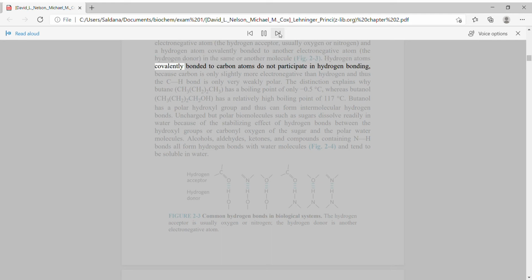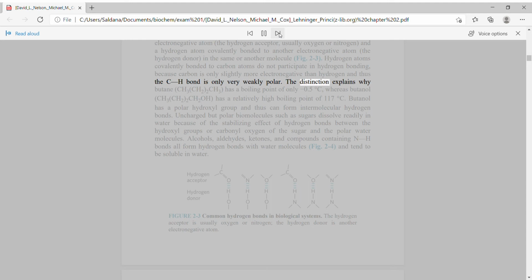Hydrogen atoms covalently bonded to carbon atoms do not participate in hydrogen bonding, because carbon is only slightly more electronegative than hydrogen, and thus the C-H bond is only very weakly polar.